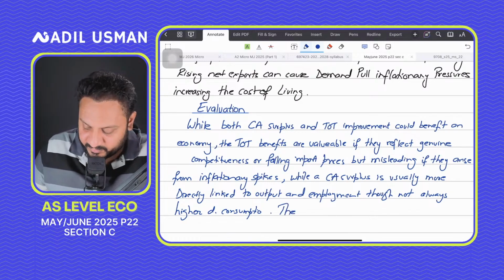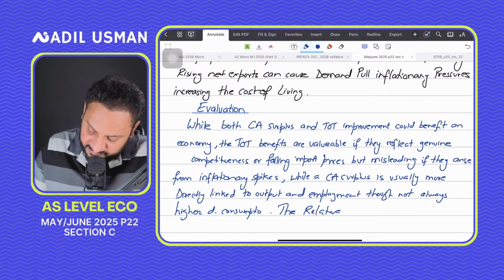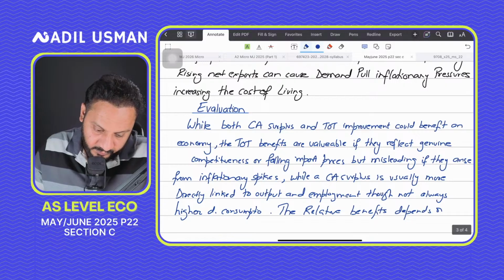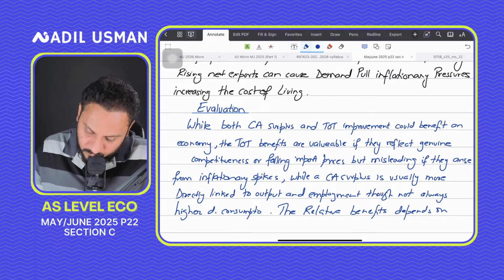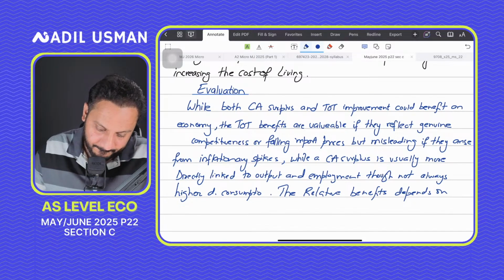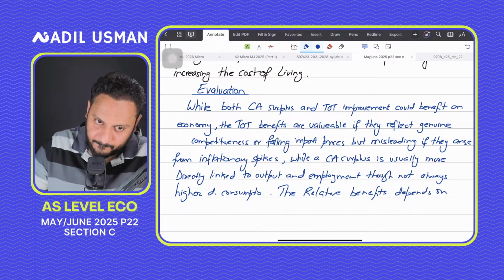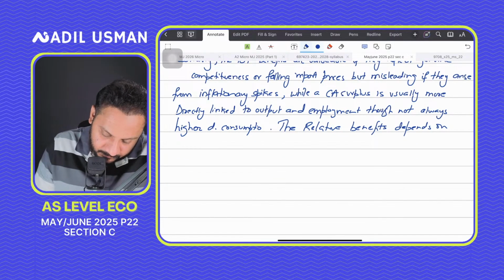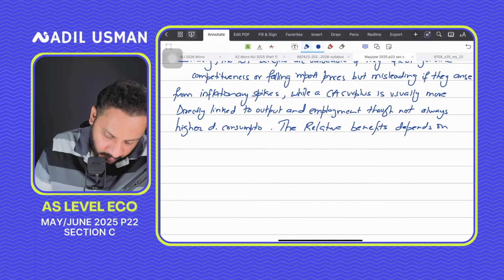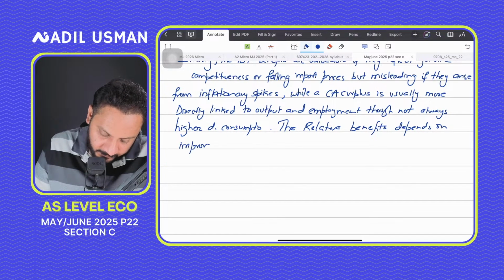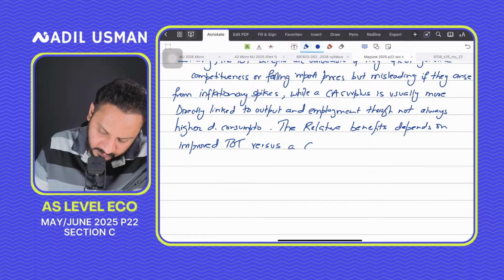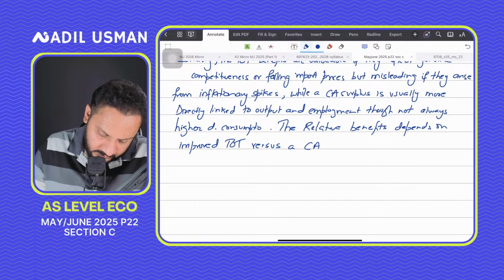The relative benefit, now this is where the real evaluation actually starts. The relative benefit would depend on improved terms of trade versus the current account surplus.